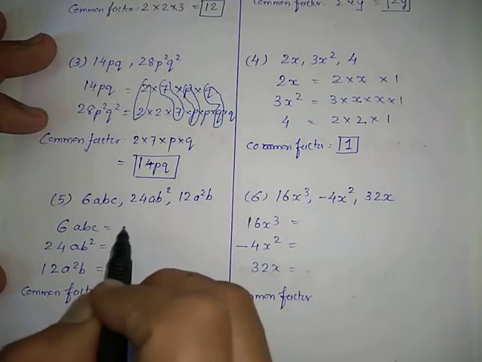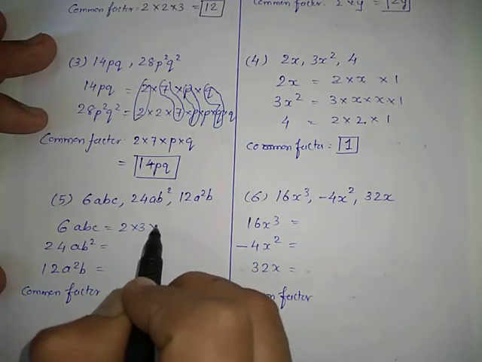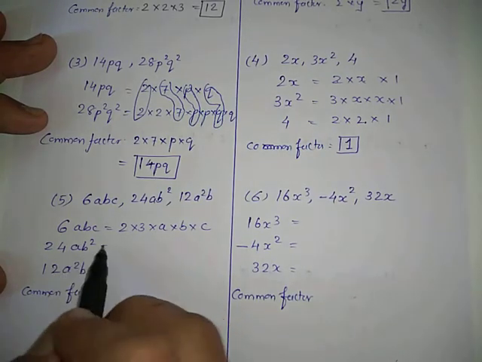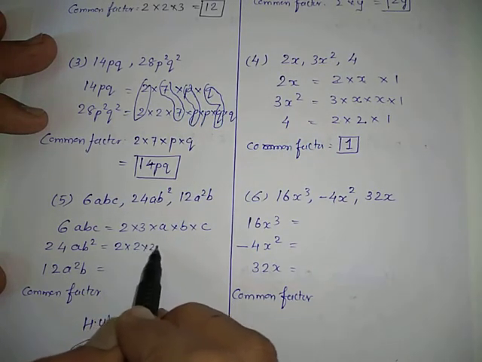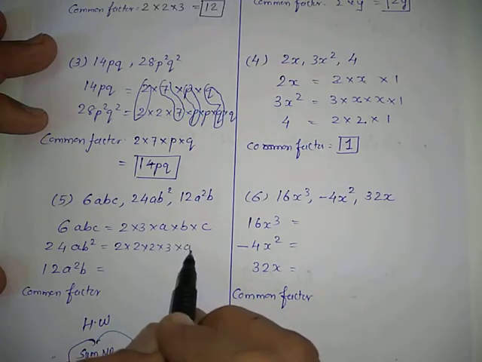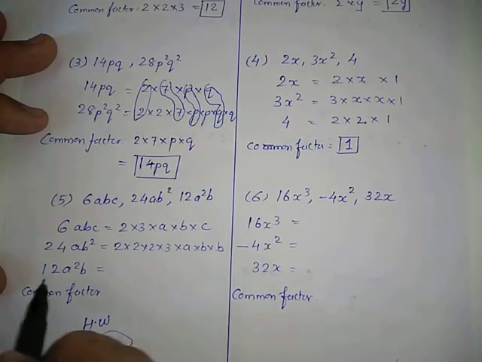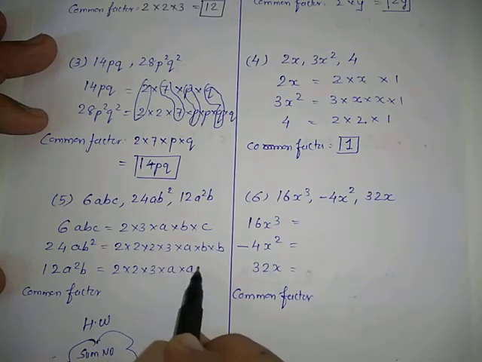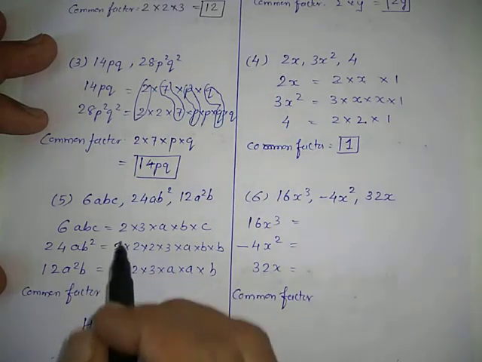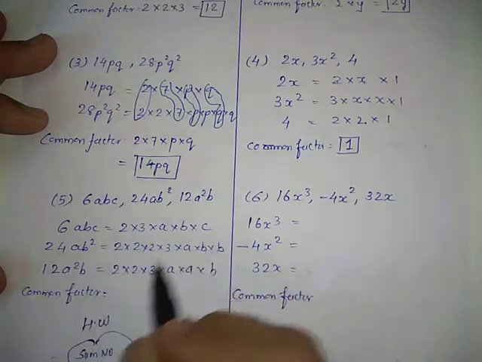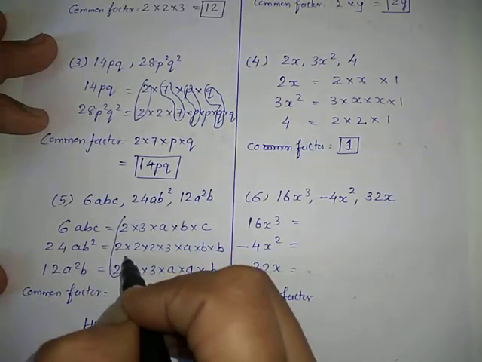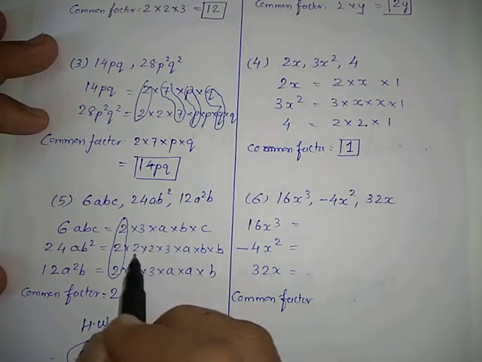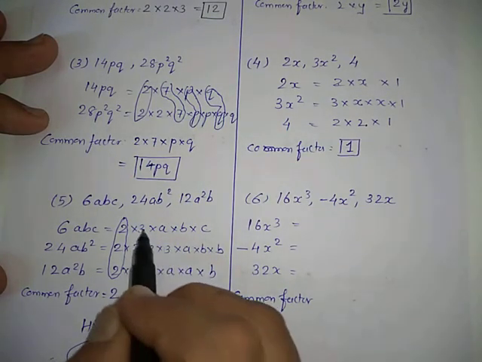Fifth sum: 6 means 2 3s are 6, into a into b into c, and the next one is 24. So 2 2s are 4, 2 4s are 8, 3 8s are 24, into a into b into b, and 12. So 2 2s are 4, 3 4s are 12, into a into b. So these are the given factors, and now we want to find the common. Common for all three is 2 over here. Now we don't find 2 over here, so it won't be common for all three.